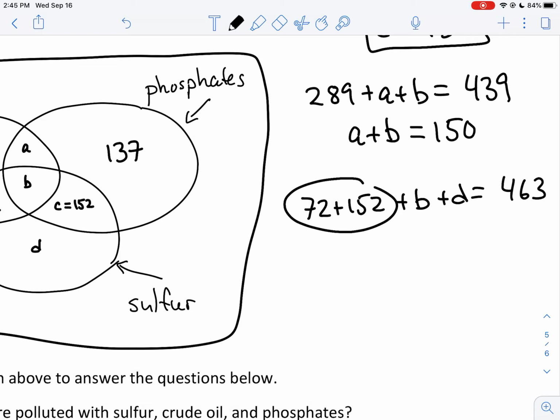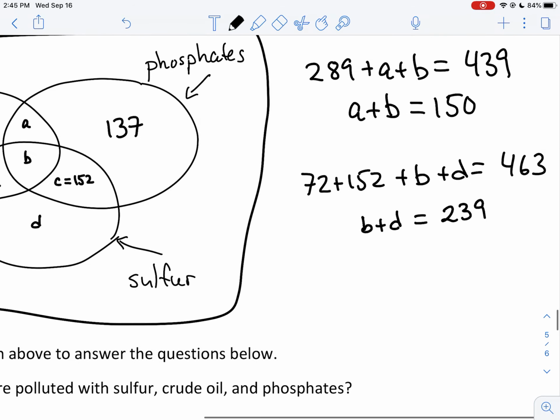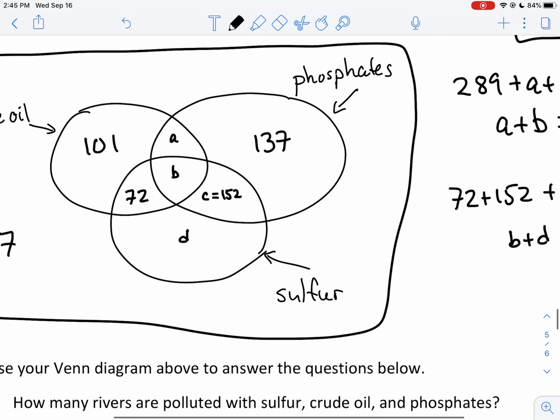That's 224, and remove that from the 463. 224 removed from 463 is 239. Does that feel right? 224 added to that. Yeah, that feels right. Hopefully I'm not making any silly arithmetic mistakes. Okay, so I know that B plus D equals 239.